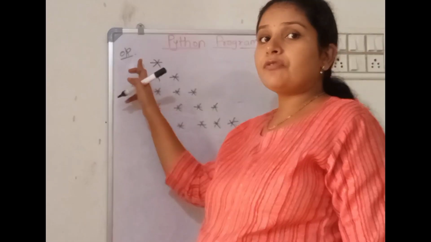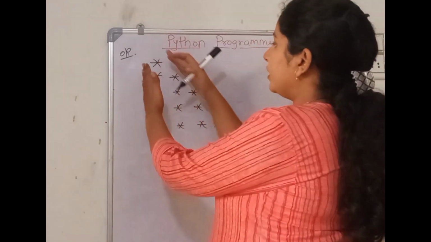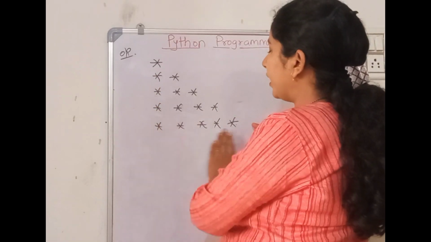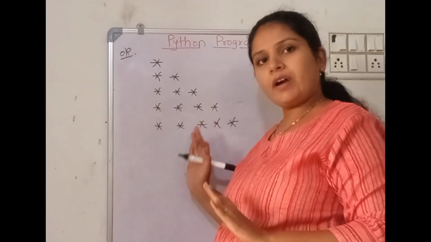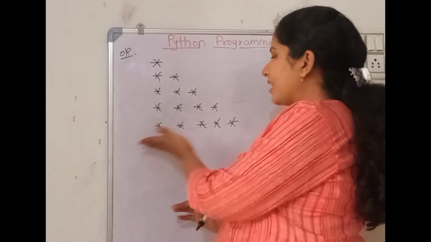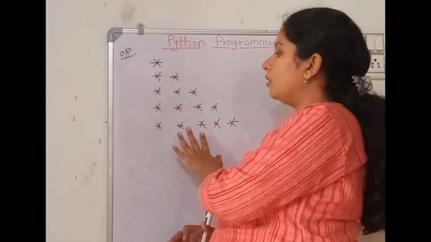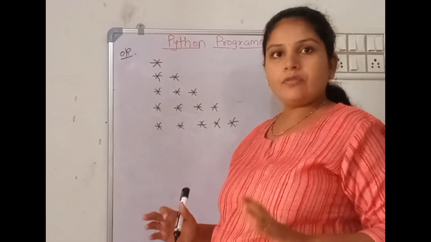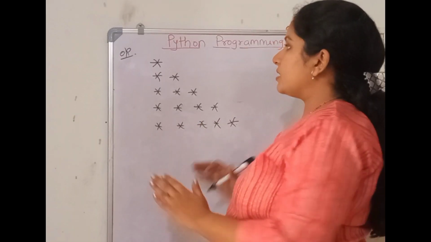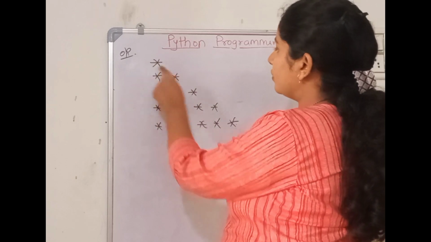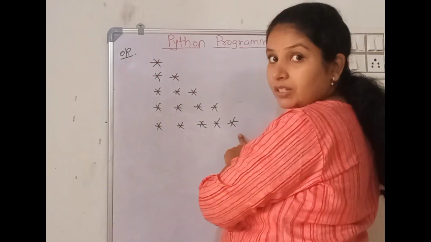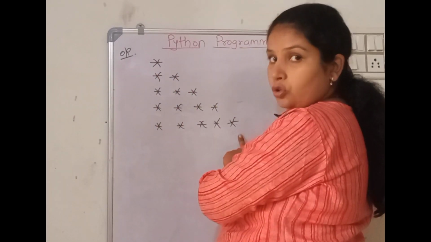We are starting with the first asterisk and making the half pyramid, ending it with 5 asterisks. You can take as many rows and as many asterisks as you want. Now I am taking the 5 asterisk pyramid, and you can see this increases one by one till you get the last row.